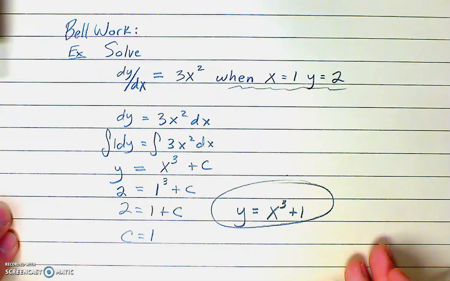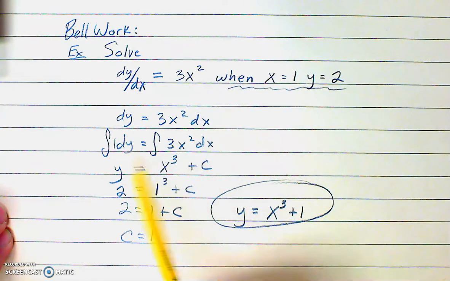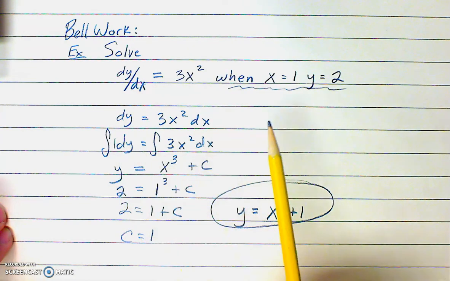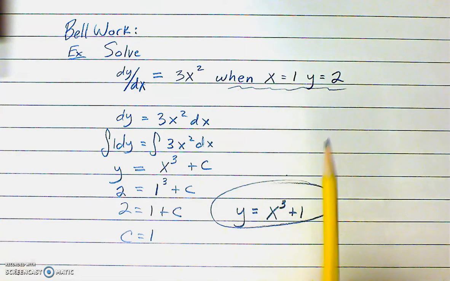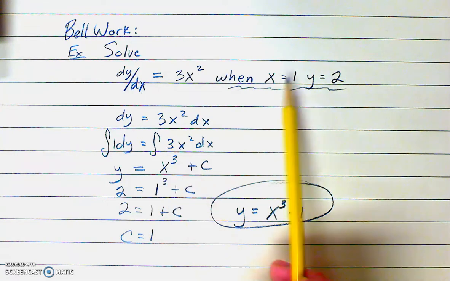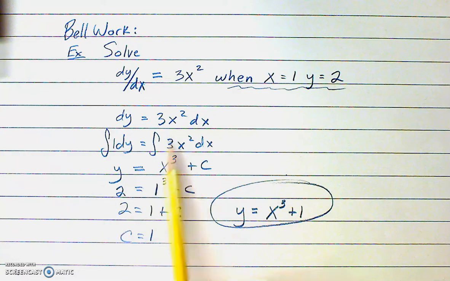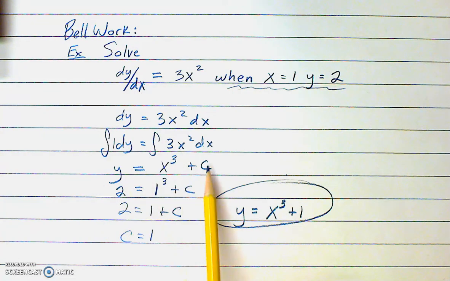Okay? And so that's just a quick reminder on how we solve. We do that by integrating both sides. And then when you have these initial values, you actually are going to go back and find your c value at the end. Notice how you typically want to plug in, or substitute in, your values for your variables as soon as you integrate and get your plus c.